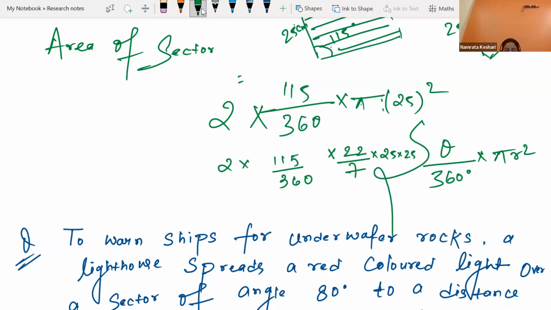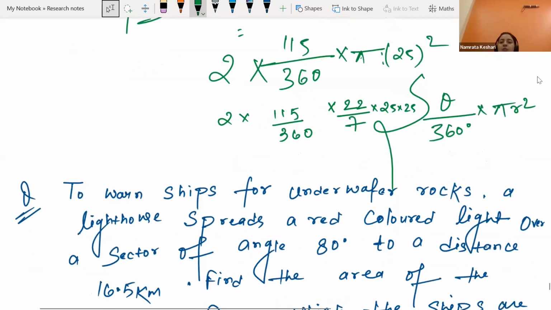Yes, it is coming as a big number like 1254 point something.